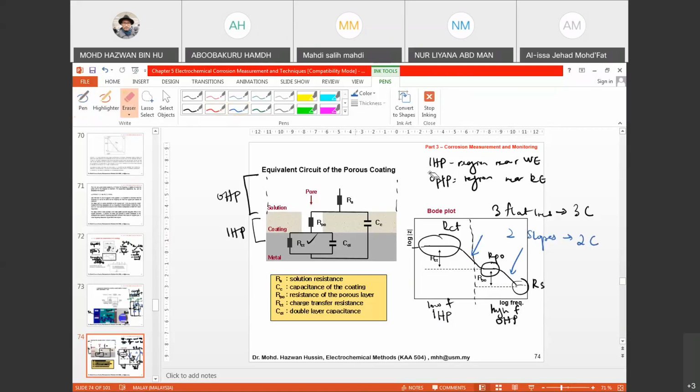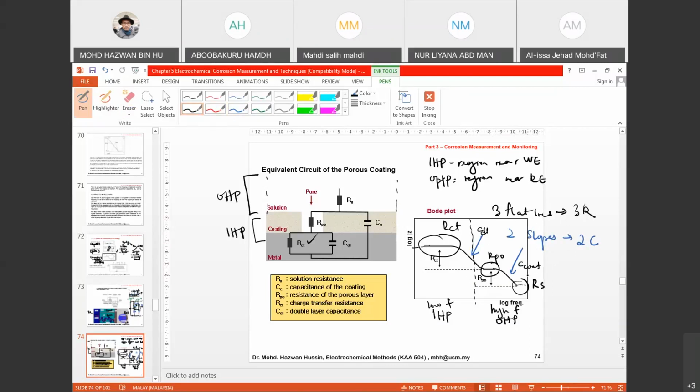Sorry, I made a mistake. It should be R, not C. So the three flat lines indicate resistance. Of course, here is the double layer capacitance, CDL, and over here is the coating capacitance.